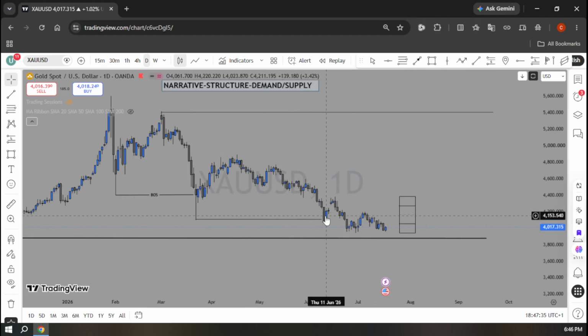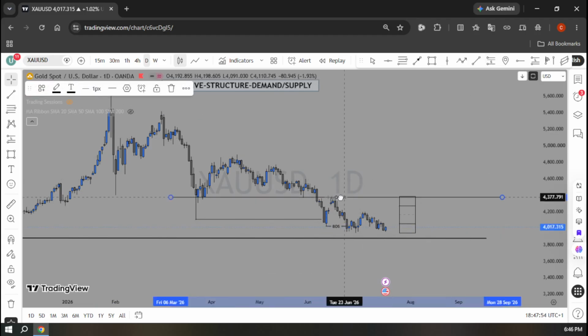So what is my most recent daily trading range here? This is my swing high, and this is a swing low, and it took out this structure. This becomes my trading range.